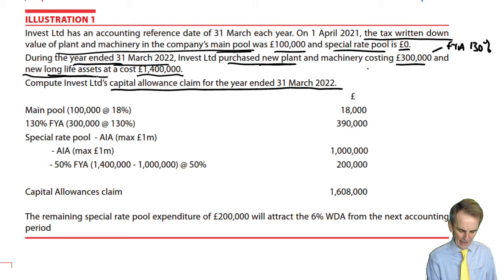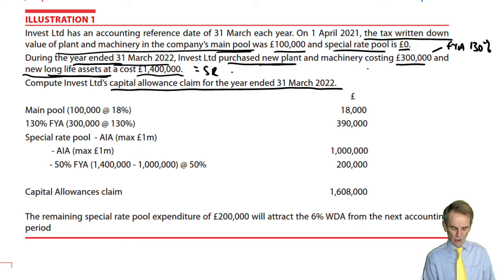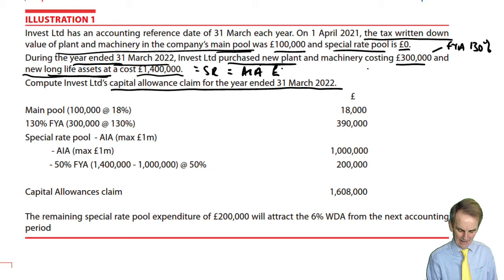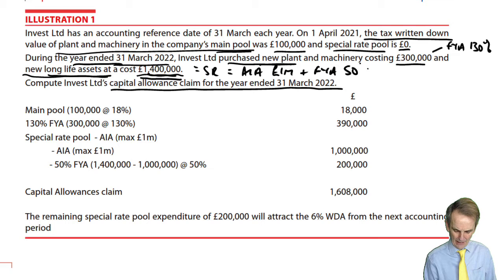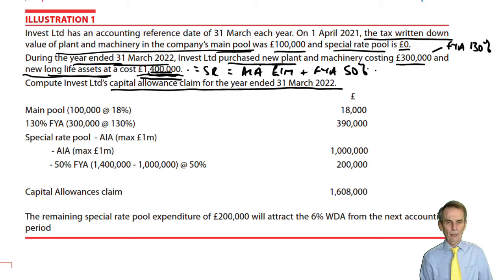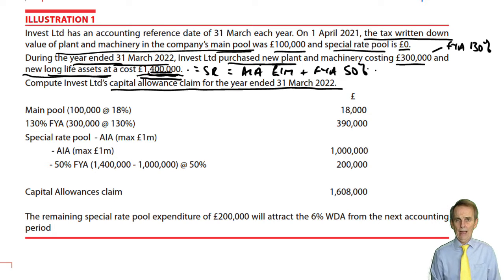On long life assets, that equals special rate pool expenditure, and that means we'll claim our AIA, 12-month period, so that will be 1 million, but we've spent more than that, we've got 1.4 million, plus we'll then have a 50% FYA in relation to that excess 400,000. The remaining 200,000 would go to the special rate pool.